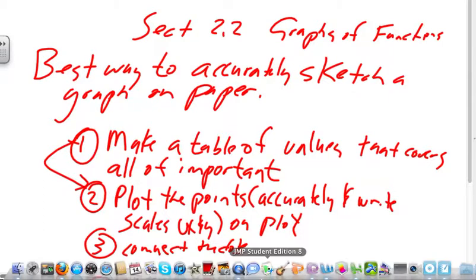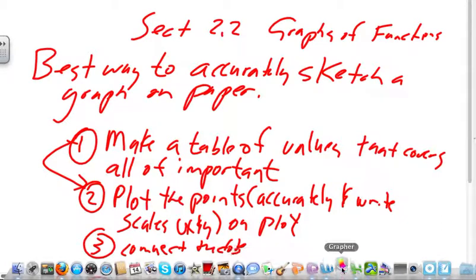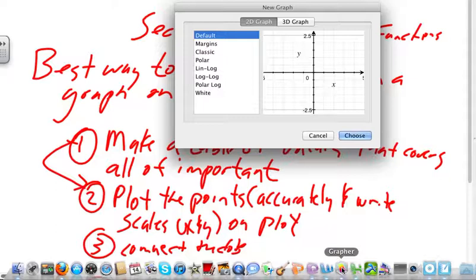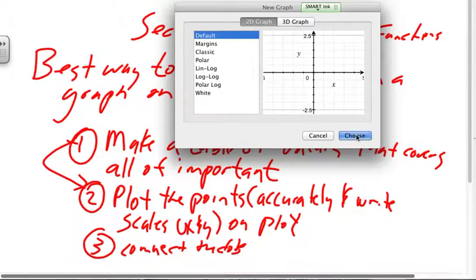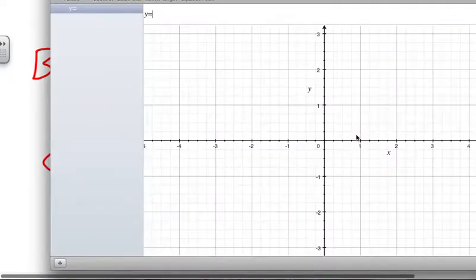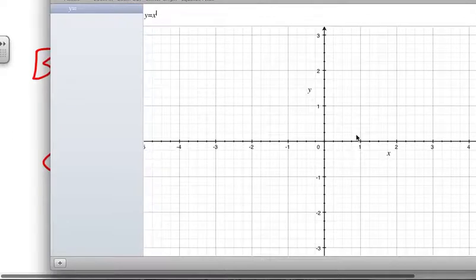Let's take a look at what this might look like, and let's pull up Grapher. Okay, so let's deal with the function x cubed minus 8.